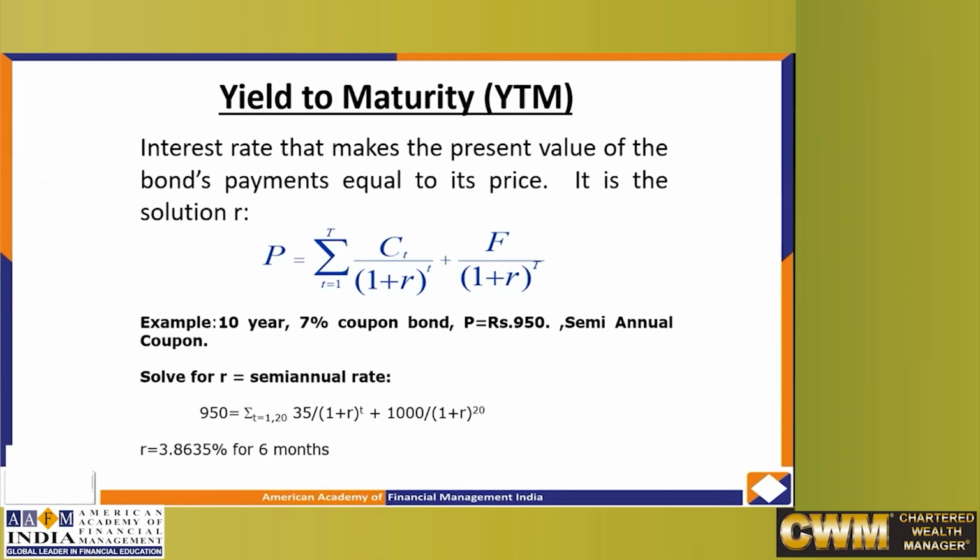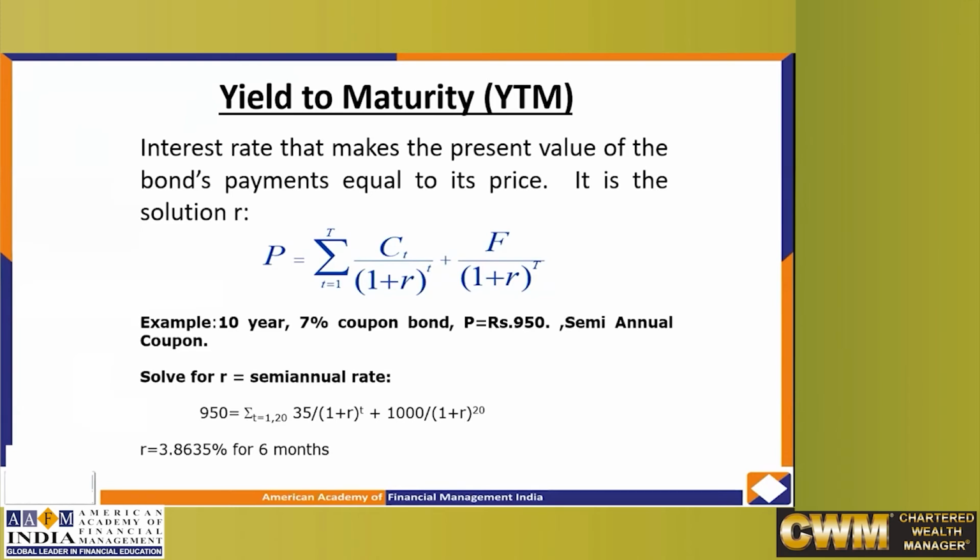Okay. So simply speaking, set is end. N is, tell me what is N? 20. N is 20. I, you have to find out, 0. PV is minus 950.